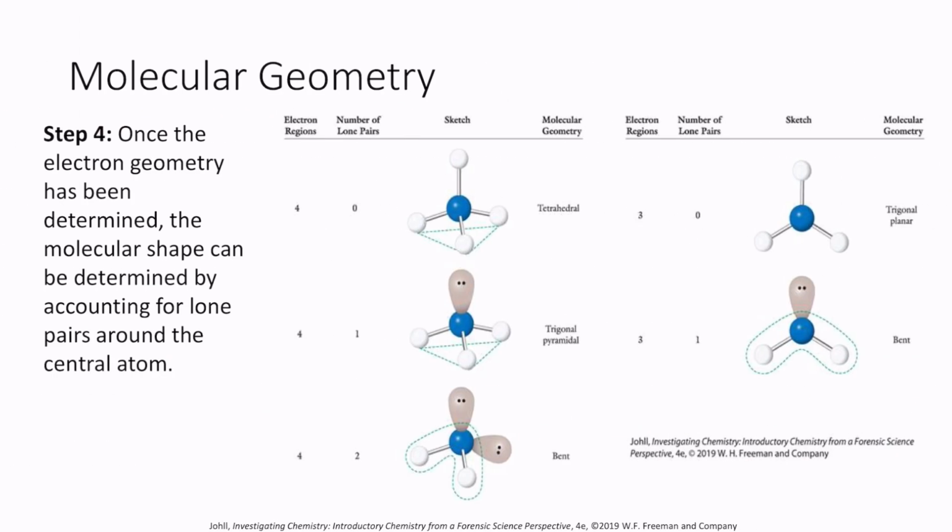When you are determining the electron pair geometry, you can then determine the molecular geometry. And the molecular geometry really shows the shape of the molecule in the 3D.